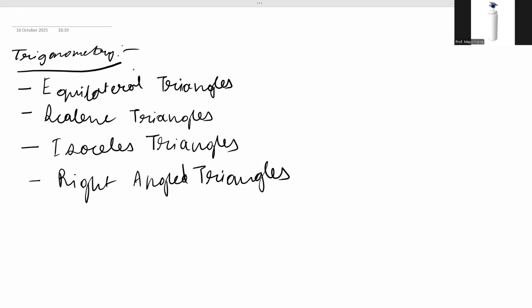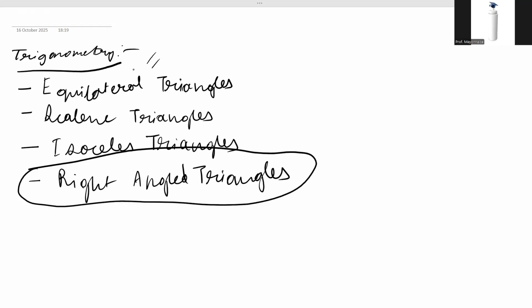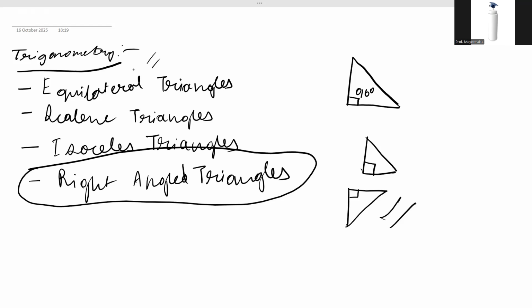For trigonometry, the one we will be requiring is this one. A right-angled triangle is a triangle in which one of the angles is 90 degrees, right? Has to be 90 degrees. So all of these are right-angled triangles or RAT.